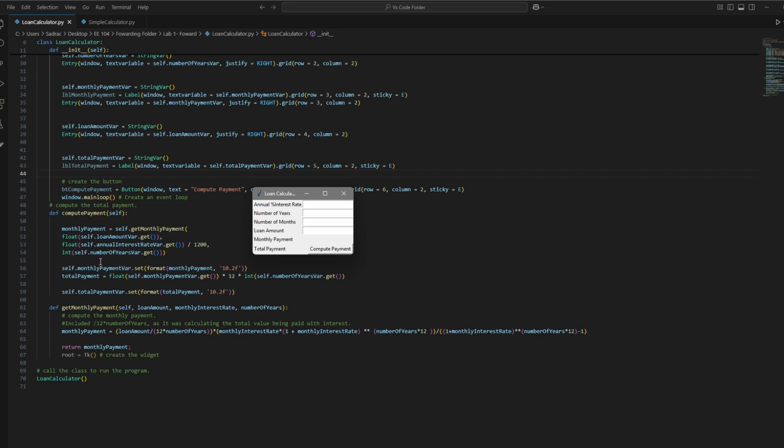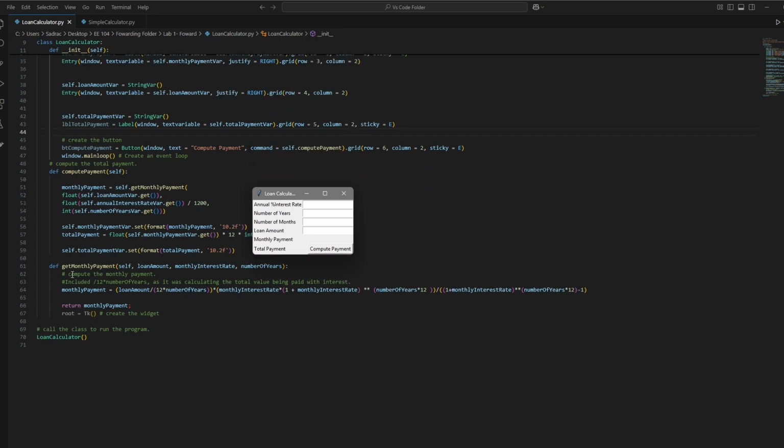They could be 0.6, but they're going to be a decimal value. The only ones that will be integers would be such as the years. So this would be applied as an integer here, and this is how the compute payment function would be integrated into the general program.